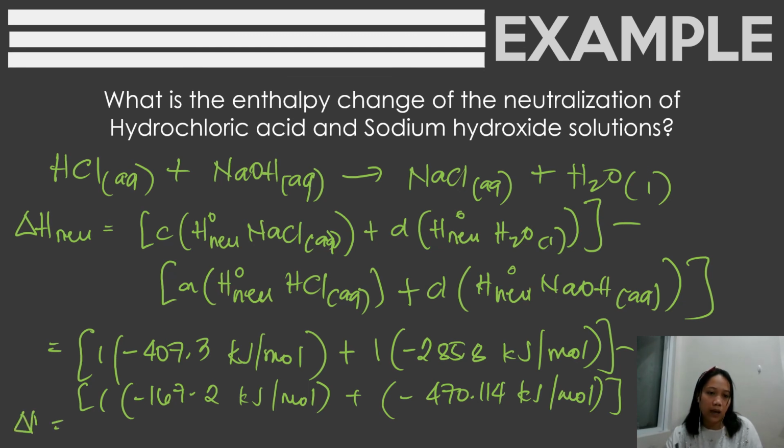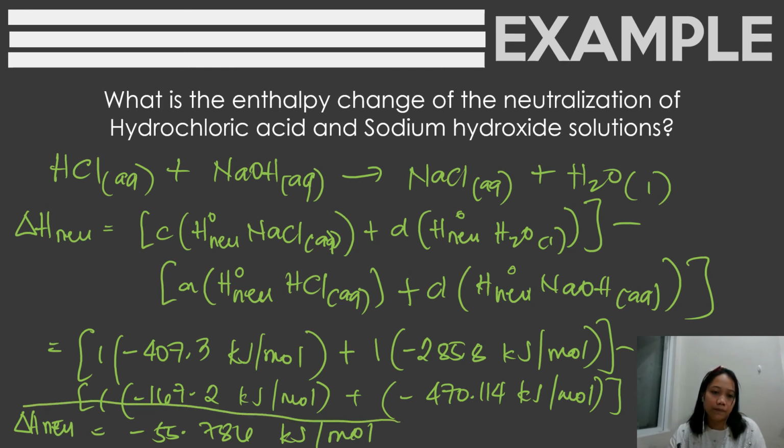So, your delta H NEU value will be equal to negative 55.786 kilojoule per mole. So, this is now your answer. Okay? So, that means it's negative. So, it releases energy. And since it's negative, that means it is exothermic.